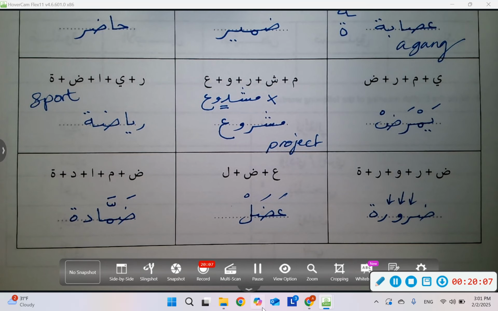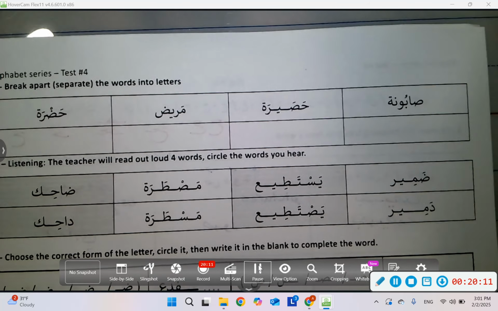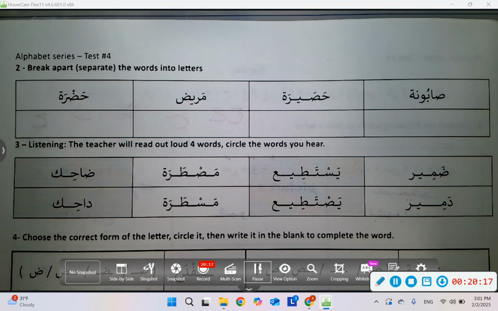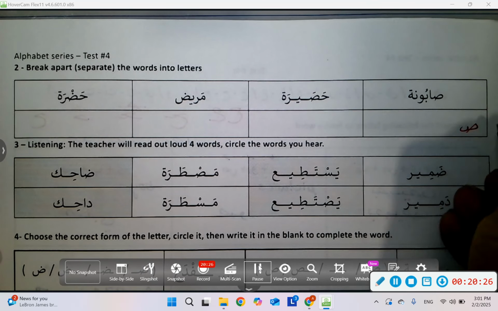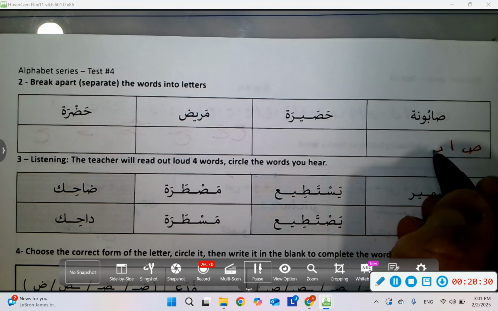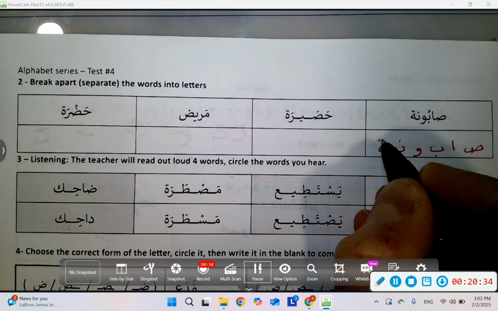Let's move to the next page. Break apart, separate the words into letters. We have صابونة: Sad, Alif, Ba, Waw, Noon, Ta marbuta.